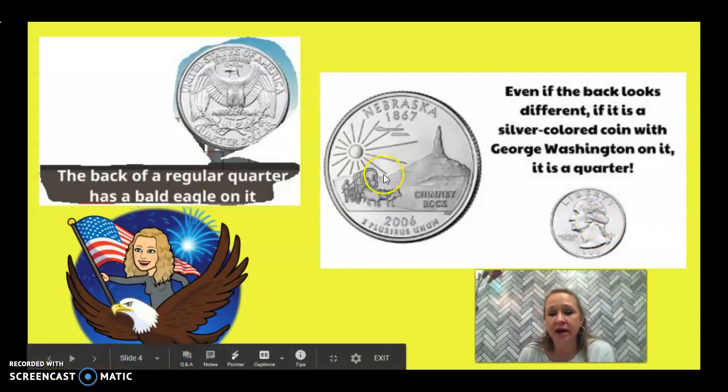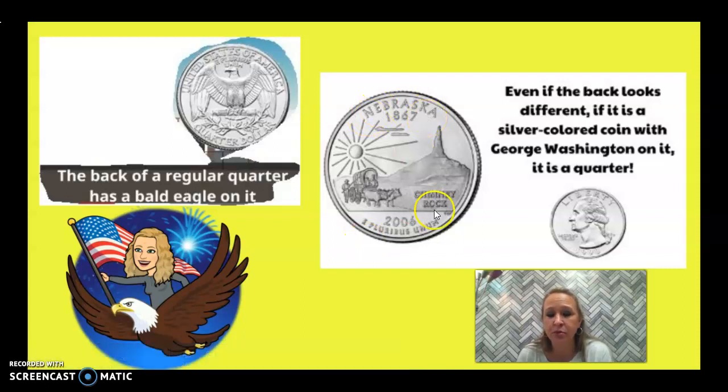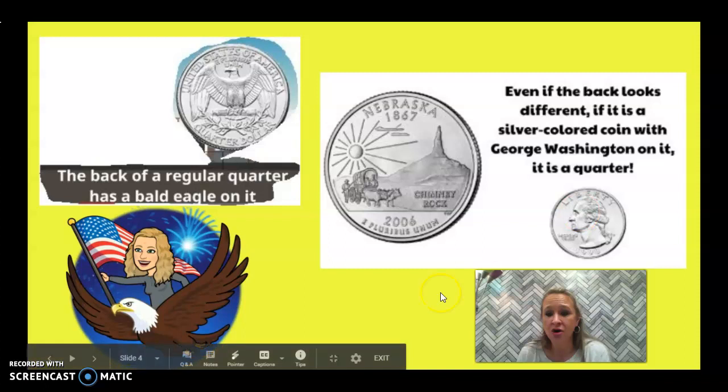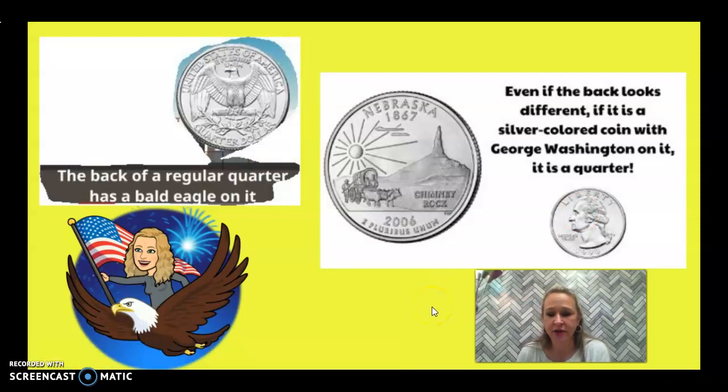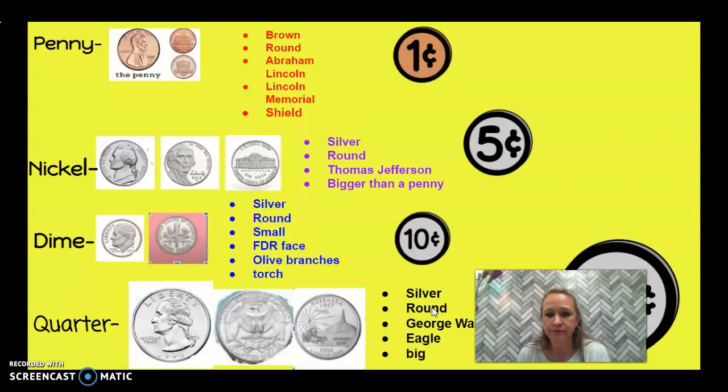So this is the back of a quarter that has a picture from Nebraska. This is the state quarter for Nebraska. So bald eagle, state, and George Washington. All what coin? Quarters. Very good. That is a quarter.